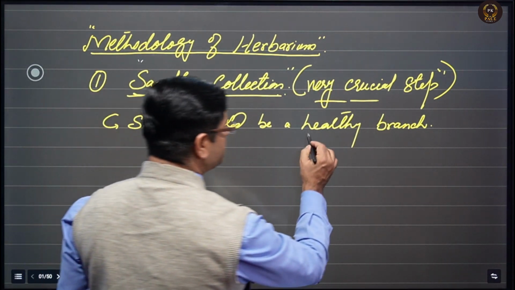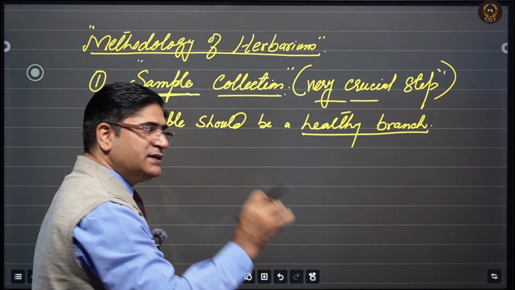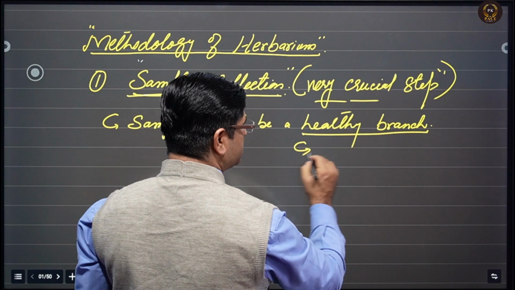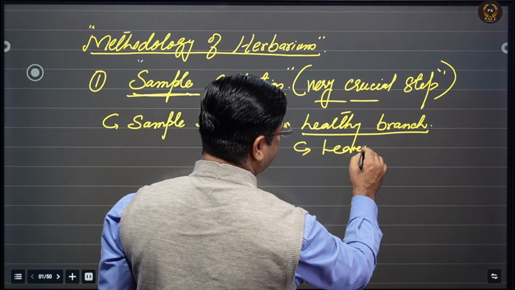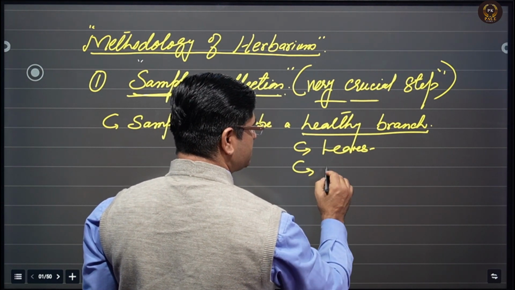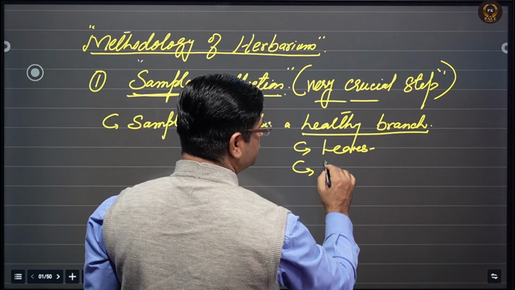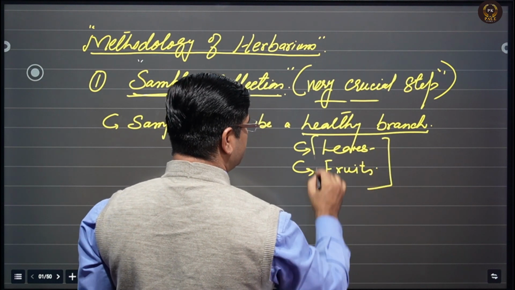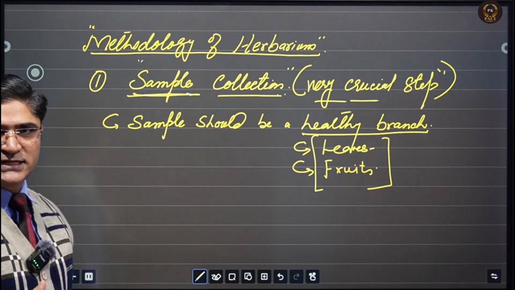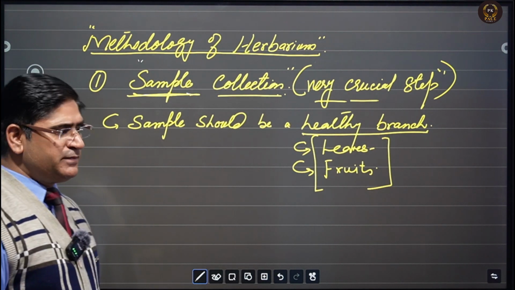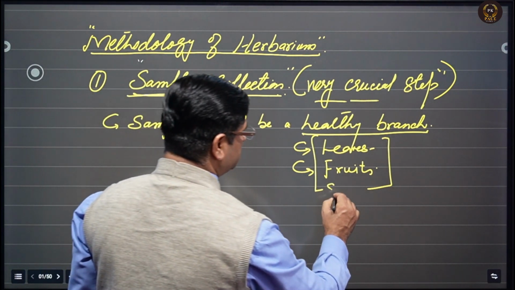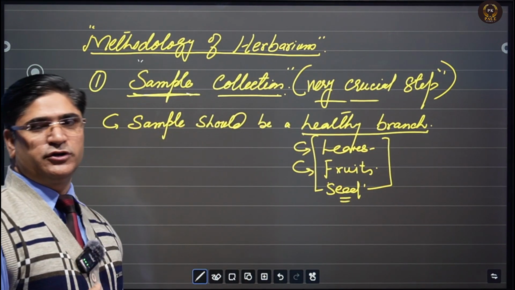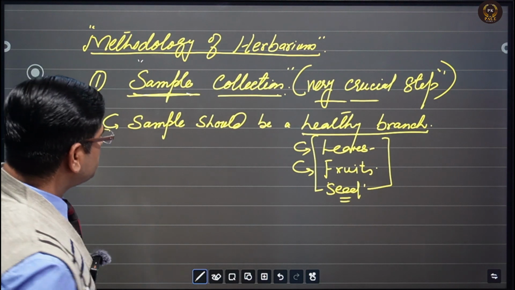We have to choose a healthy branch which depicts its leaves. There should be fruits as well, which can depict the morphological characteristics of the plant. Even seeds should be there. Such a branch of the plant is chosen for the specimen.